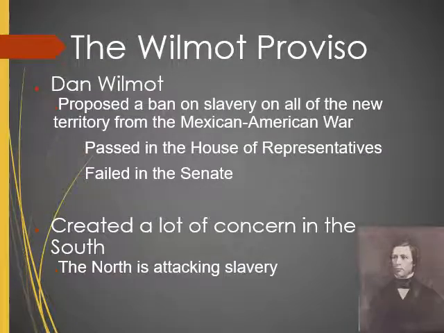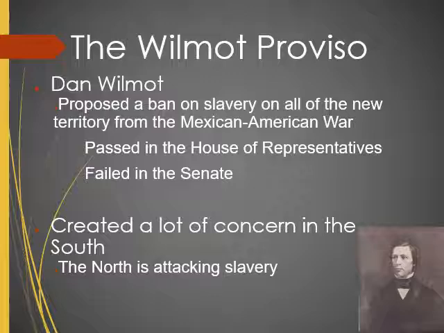So, with the North being afraid that they were going to lose all of this land in this fight, one man from the North, a representative, I'm sorry, out of Pennsylvania, David Wilmot, put together the Wilmot Proviso. What he said is we should ban slavery completely, not allow slave states in all the new land that we got from the Mexican-American War, every single bit of it.